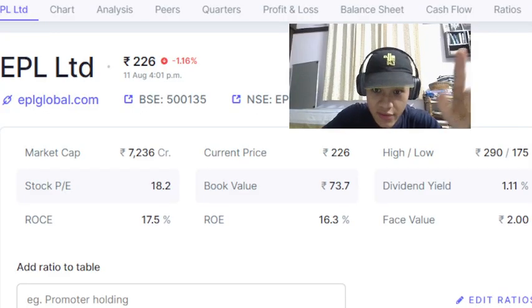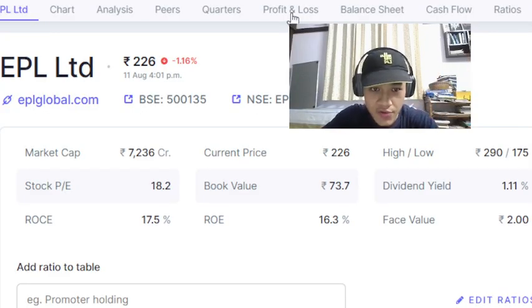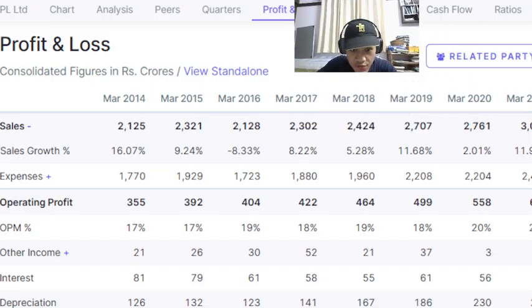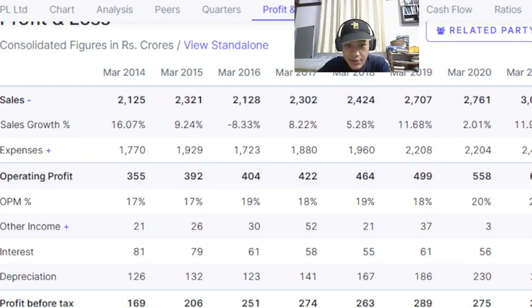So first thing is, of course, financials across the last 10 years. Here we have the P&L, profit and loss. You can see 2014, things go up from 2014, and you can see the parameters we have.